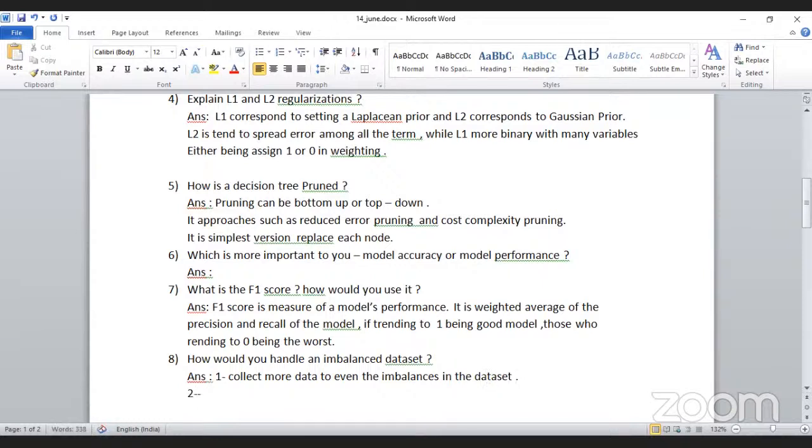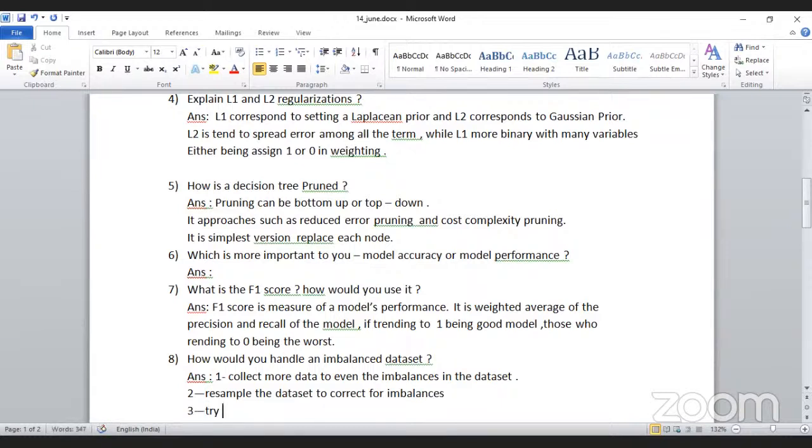What is the second thing we can do about an imbalanced data set? We can resample the data set to correct for imbalances. What is the third thing we can do about an imbalanced data set?